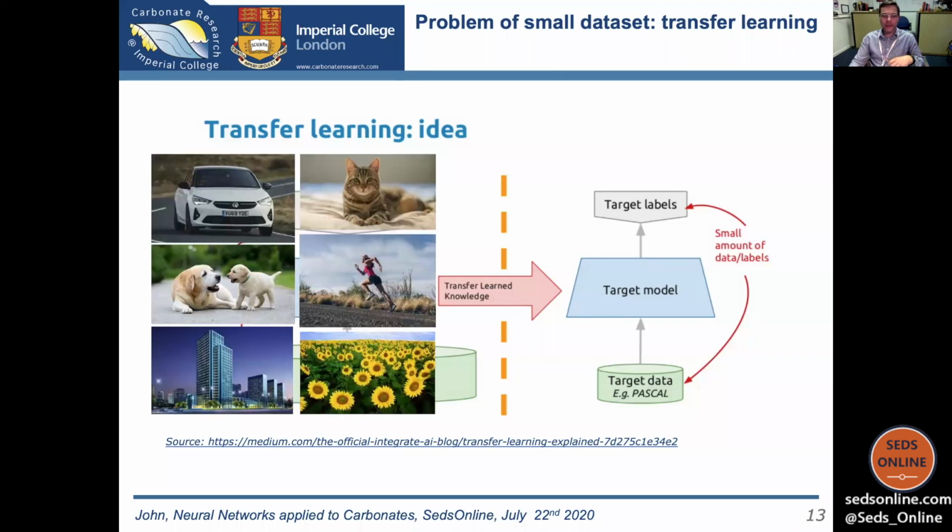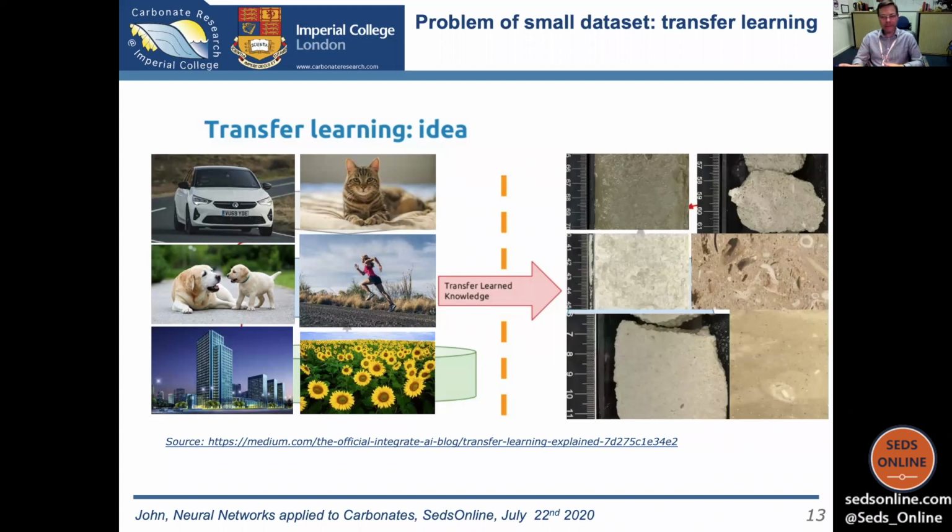If you have a network that is trained on this bunch of data, images of cats, dogs, cars, whatever you want, and what you're really interested in is to classify this, at first, as a human, you look at it and you say, completely different beast. But you have to think the way a neural network works.